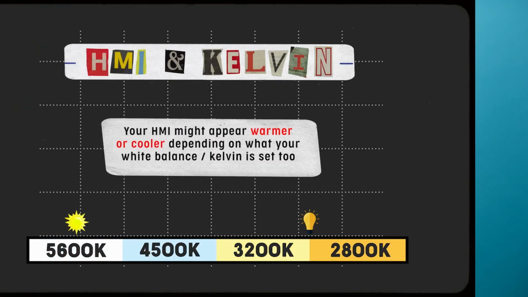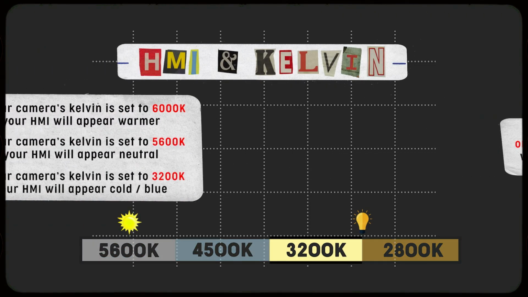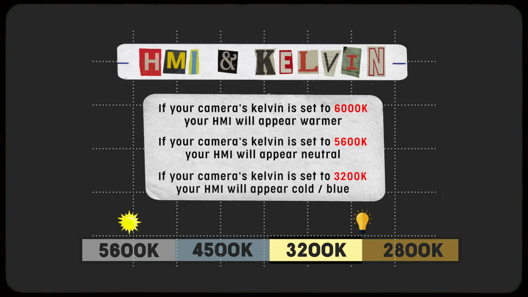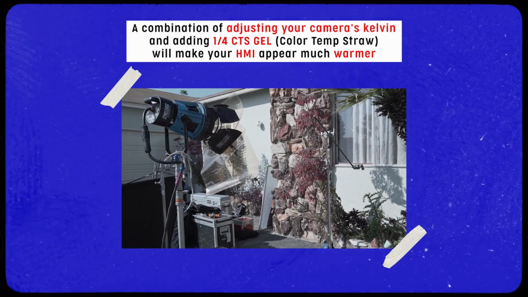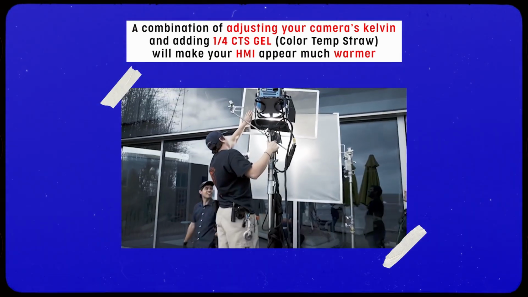The way an HMI is designed is to be 5600 Kelvin. Scientifically, if you were to hold a light meter, that is the Kelvin that light is producing. But depending on your white balance in camera, this might actually appear warmer or cooler. So one thing to help your HMI feel a lot warmer to camera, if you're going for a warm, sunny day interior, is by adding a quarter straw, CTS, or a quarter orange, CTO, to the light.